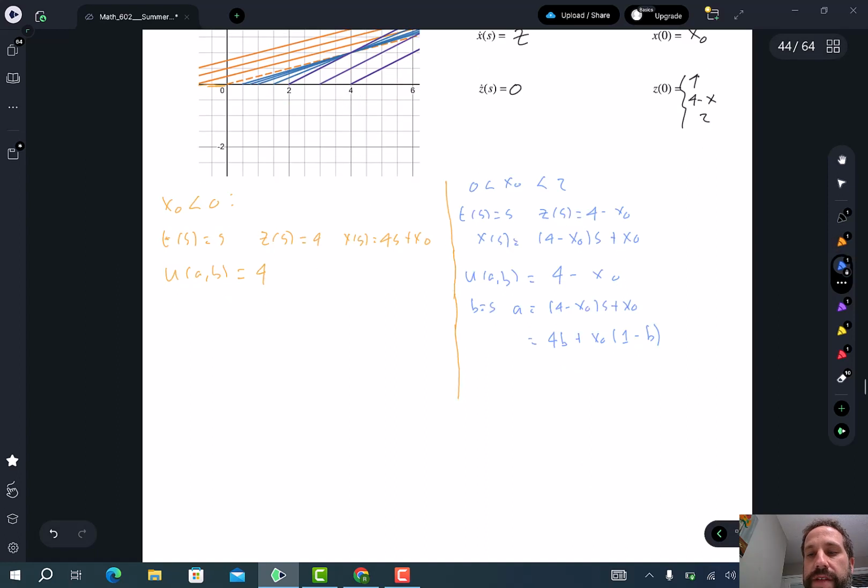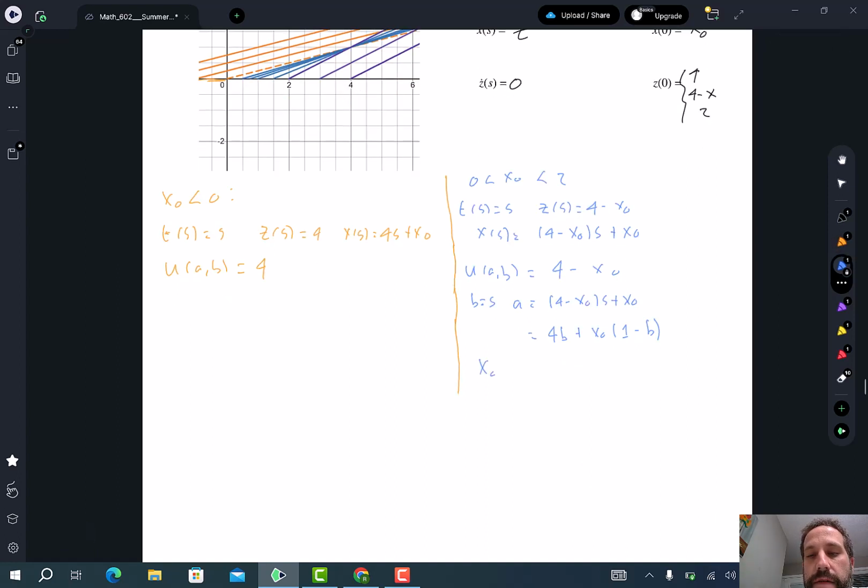And so this gives that x naught is equal to a minus 4b over 1 minus b. So over here in this part of the plane, in the blue characteristics, we're going to have u of AB is equal to a minus 4b over 1 minus b.